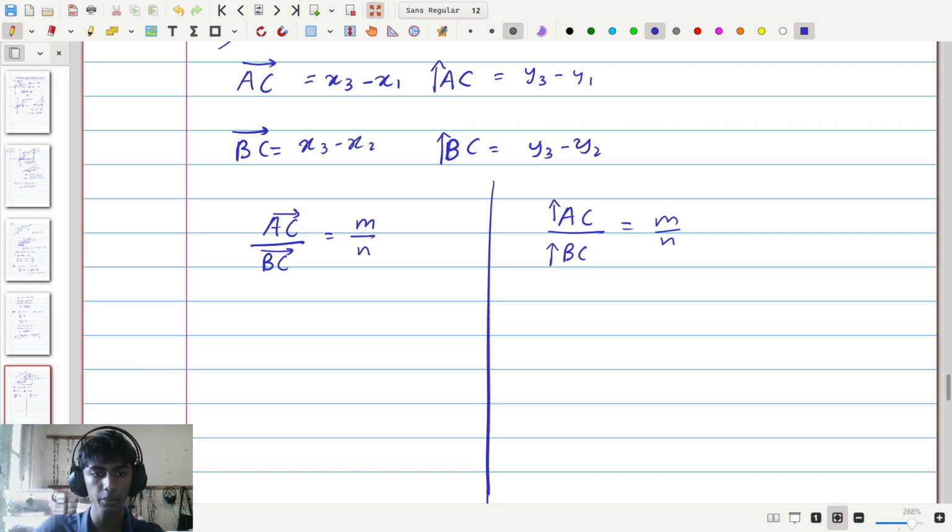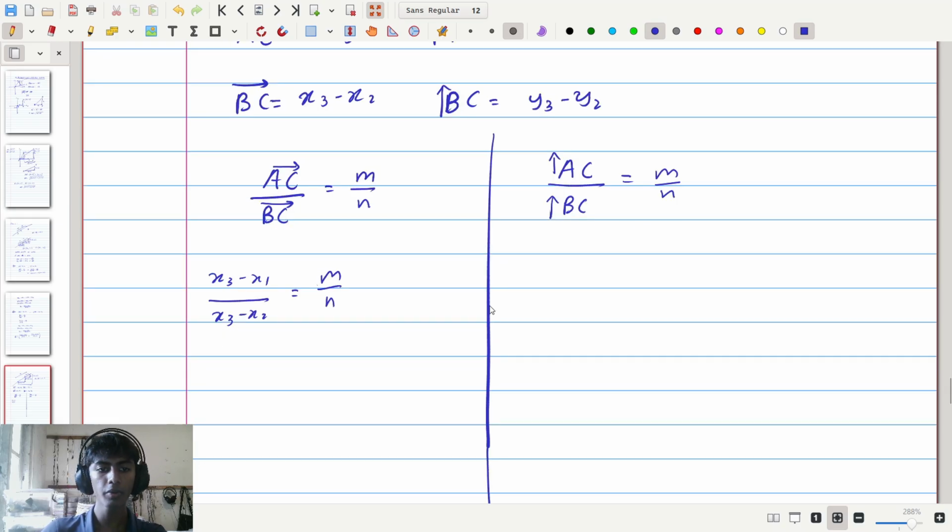On the left we have x3 minus x1 divided by x3 minus x2 is equal to m divided by n. Cross multiplying, we get n times (x3 minus x1) is equal to m times (x3 minus x2), which if we expand gets us nx3 minus nx1 is equal to mx3 minus mx2.